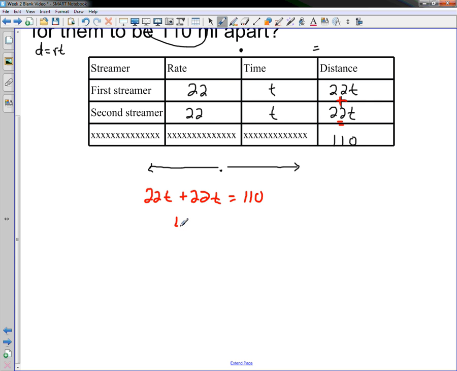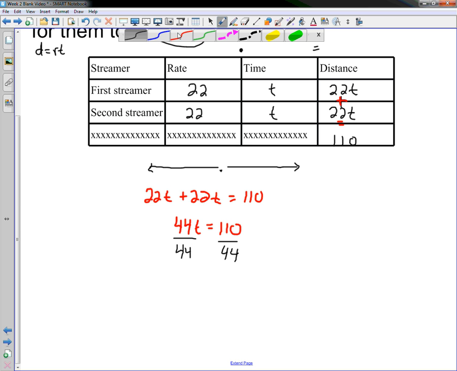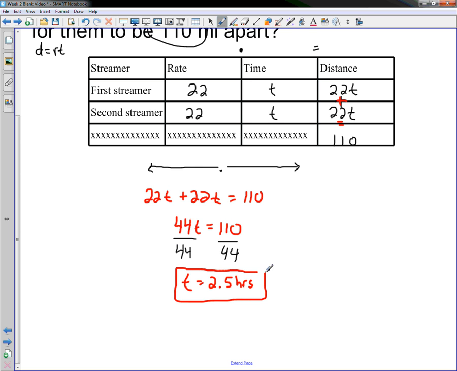Combine like terms: 44t equals 110, and divide by 44. And that gives us t equals 2.5. And this is talking about time, and we're in hours since we're dealing with miles per hour.